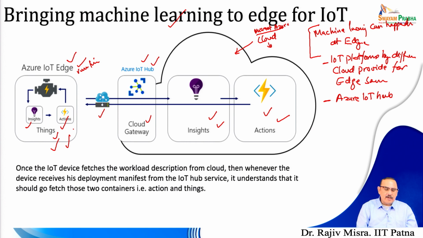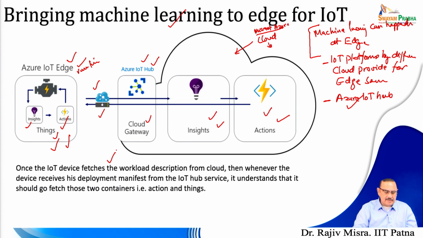So, bringing those capabilities to the edge with the help of the cloud provider saves sending the data back to the cloud, and all kinds of insights and actions are computed very close to the IoT device, that is, at the edge.